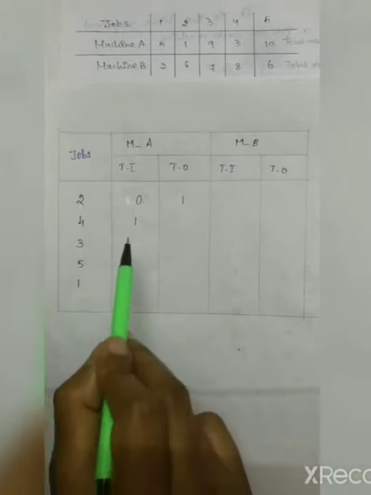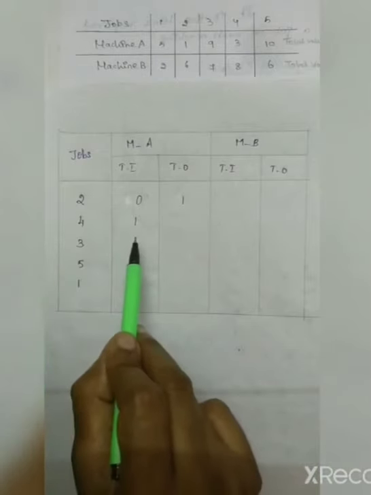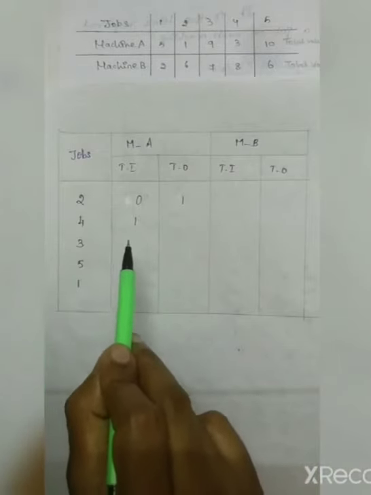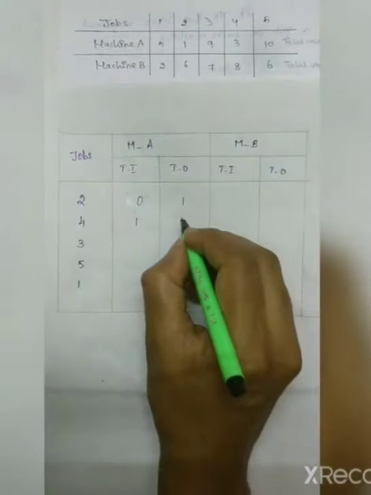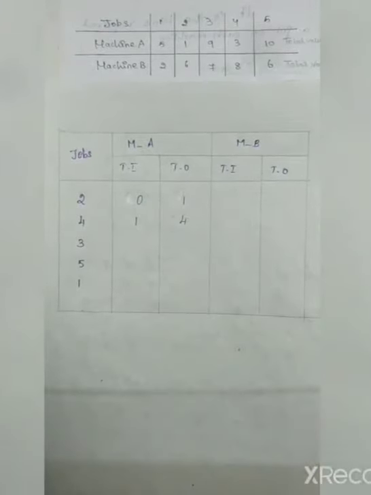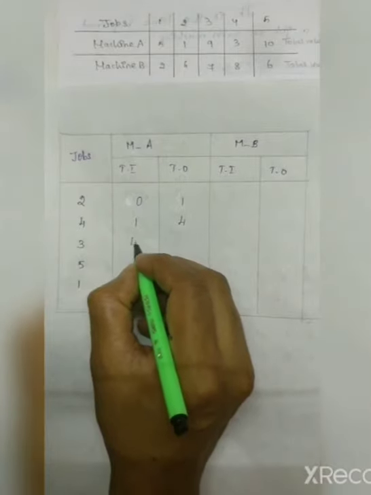So time in for the fourth job is 1. The processing time for the fourth job in machine A is 3, so 1 plus 3 is 4. The next job, job 3, appears in machine A after finishing at 4 hours, so time in will be 4.